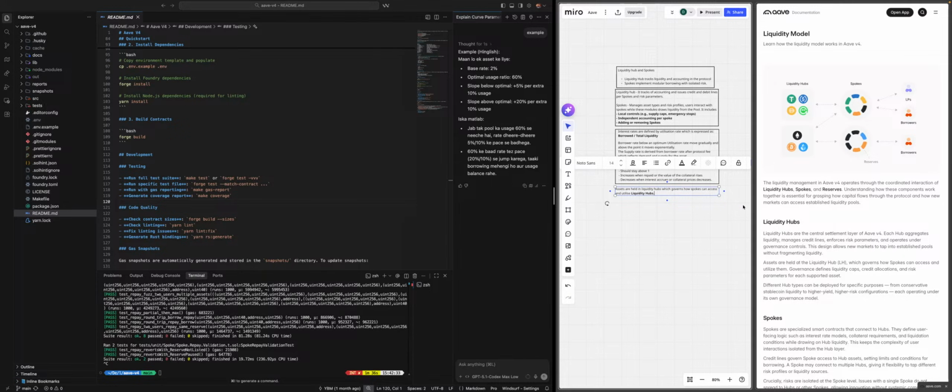Okay, yeah, and governance defines liquidity caps, credit allocations, and risk parameters.